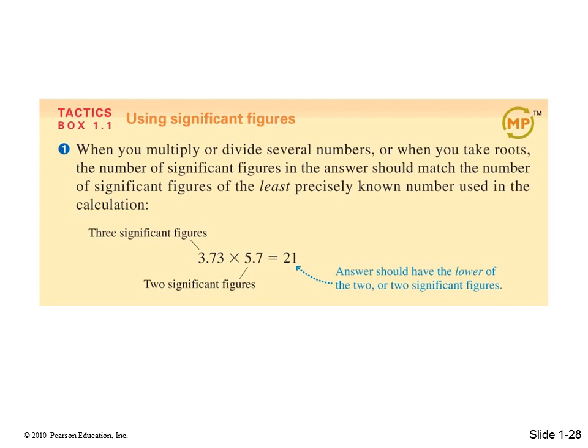Now, what does it mean by least precisely known number? Let's say you wanted to measure a pencil and you had a ruler that had centimeter increments, 1 centimeter, 2 centimeter, 3 centimeter, without all the small millimeter marks, the 10 in between the centimeters like you see on rulers at school. So you put down your pencil and you notice it's between the 10 and 11 centimeter mark.